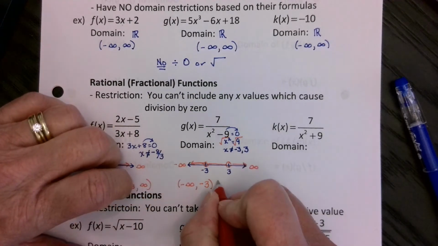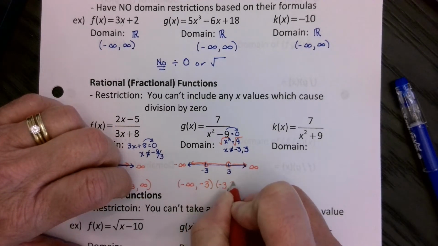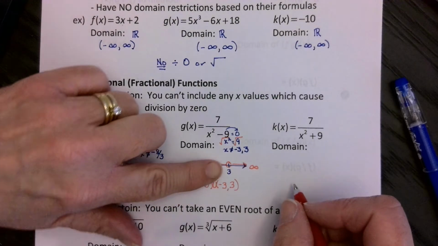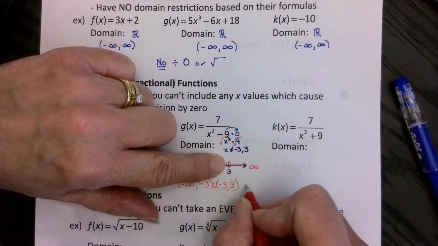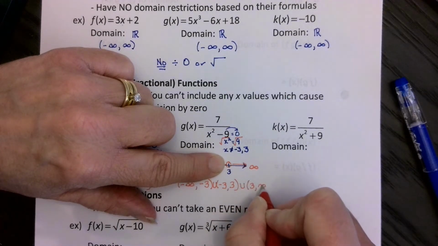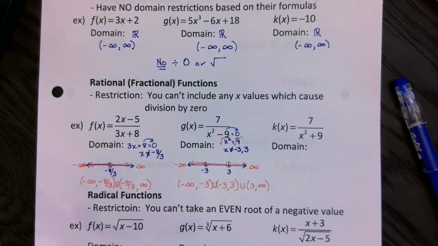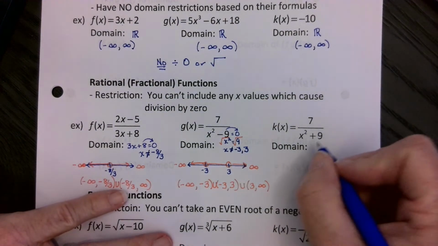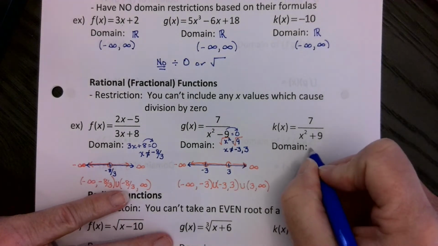To do that, it's from -3 to 3. Put a union symbol in there. And then now I do this part. So 3 to infinity. That's how you take out two numbers. That's how you write it in interval notation. Now, over here, this one is going to be all real numbers.